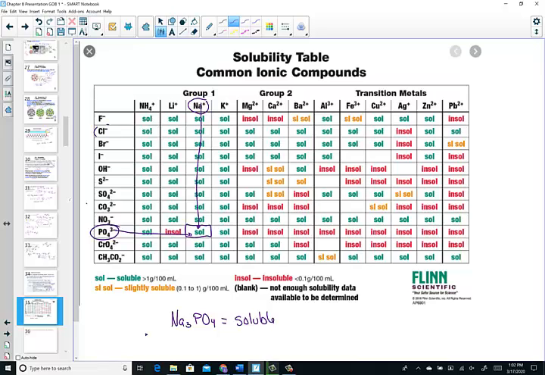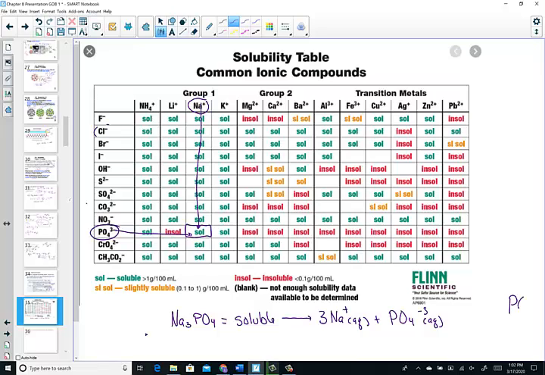What comes out? When I place this salt into solution, I would get 3 aqueous ions of sodium and 1 aqueous ion of phosphate. Phosphate carrying a -3 charge. It has 3 equivalents per mole. Sodium carries a +1 charge.